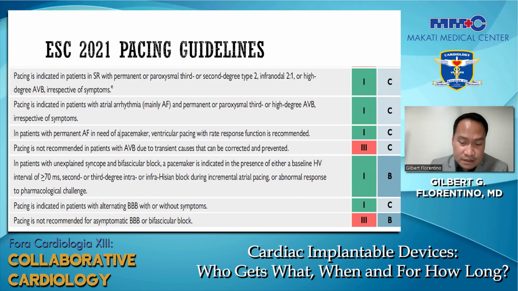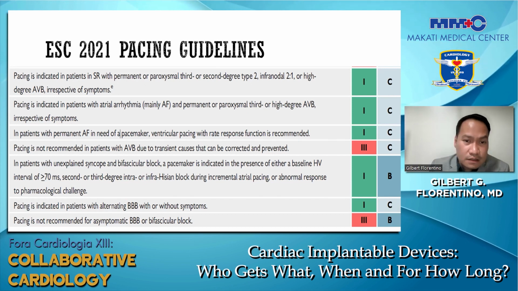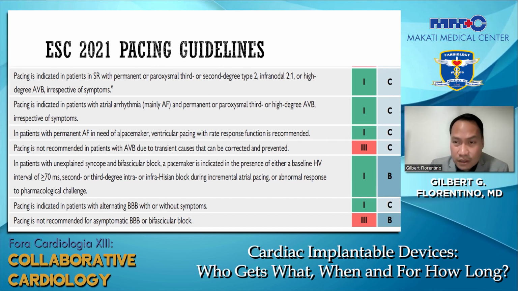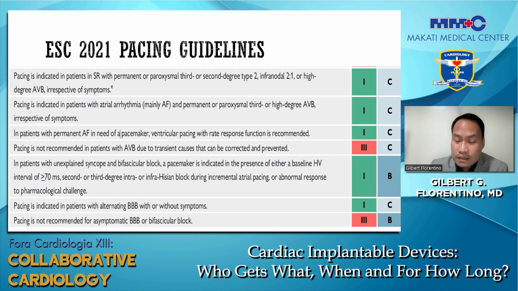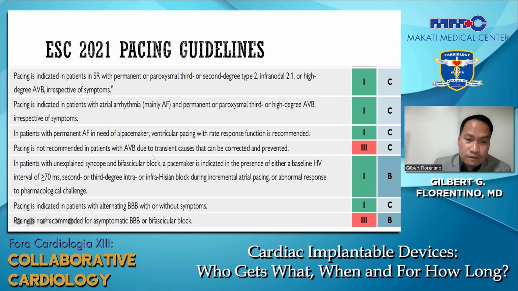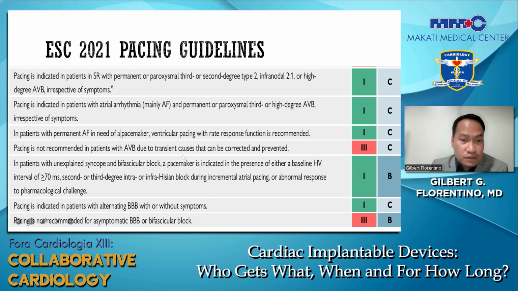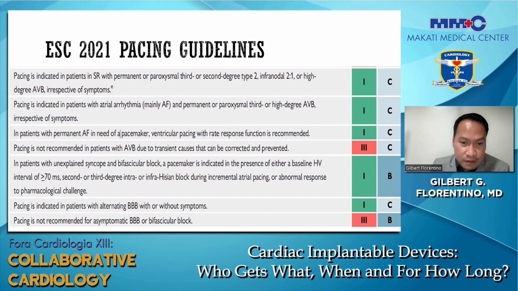So the guidelines tell us that whether you're in sinus rhythm or AF with AV block, either third degree, second degree type 2 or 2 to 1, or high grade AV block will require a pacemaker. And of course, we don't put a pacemaker in a reversible process. Some unexplained syncope with bifascicular block will require a pacemaker.